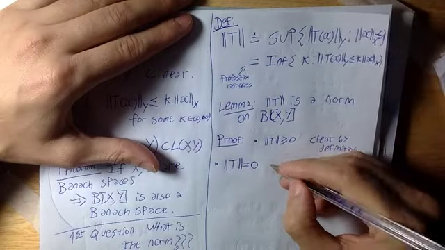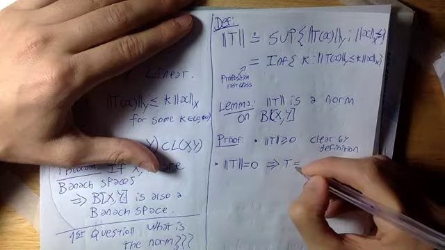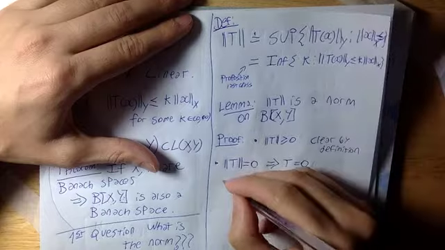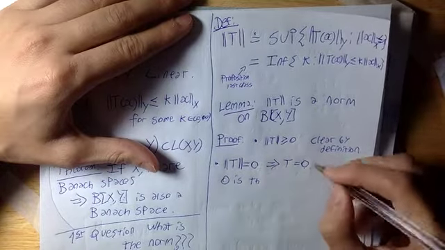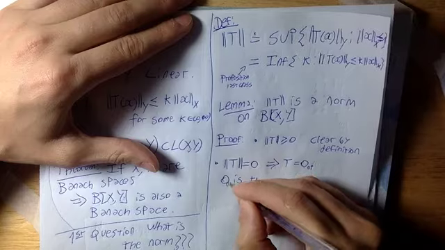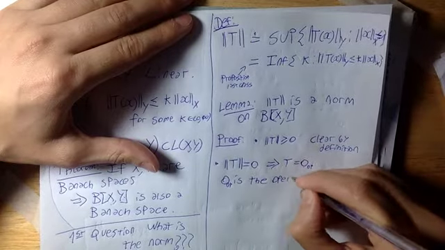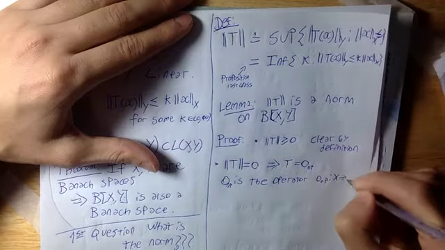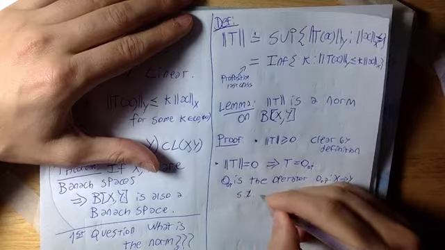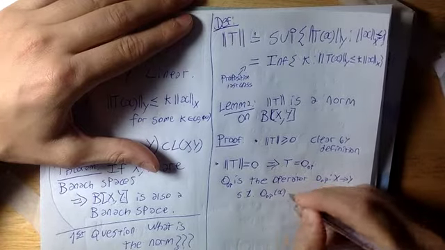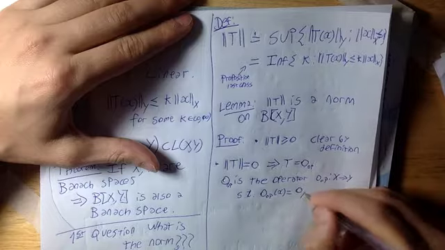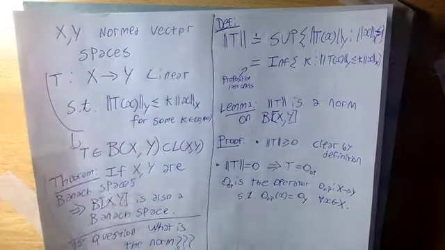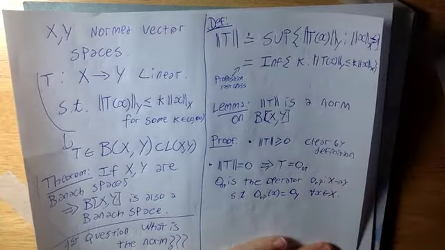Now, let's look at something slightly more complicated: if the norm is equal to 0, this implies T is equal to 0, where 0 is the zero operator. The zero operator goes from X to Y, such that the zero operator of x is equal to 0 in Y for every x in X. So this is the 0 in terms of operators.